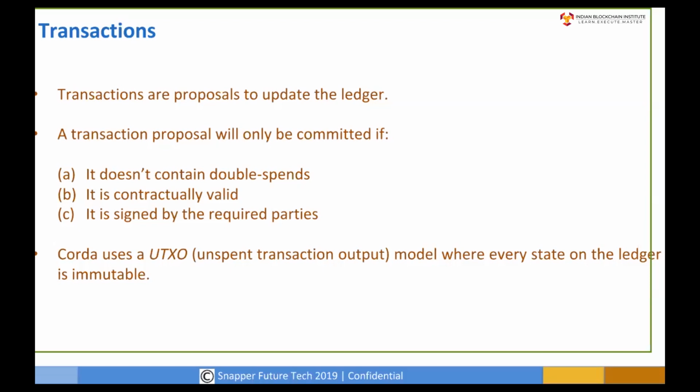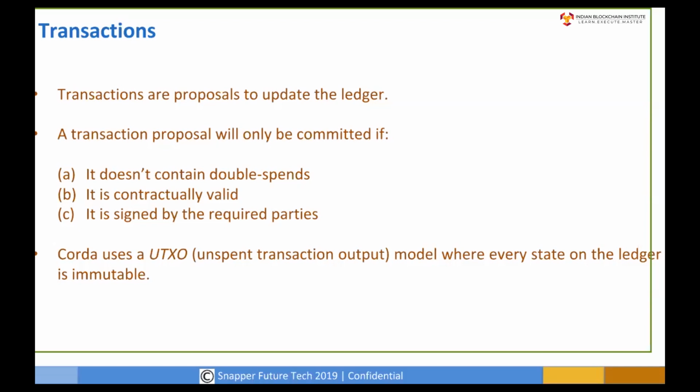As I mentioned, there is a doorman who has given the certificates to the nodes, and if the transaction is not signed by the required parties or the nodes which are part of that network, then it will not be committed. Corda uses a UTXO, that is unspent transaction output model, where every state on the ledger is immutable.